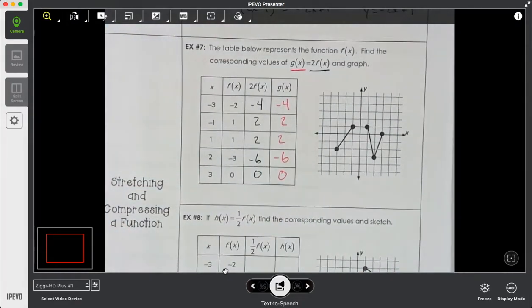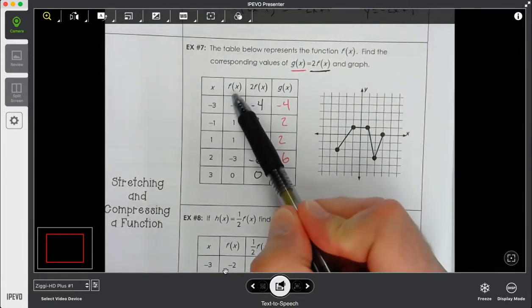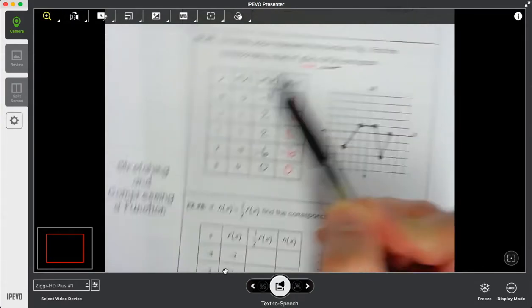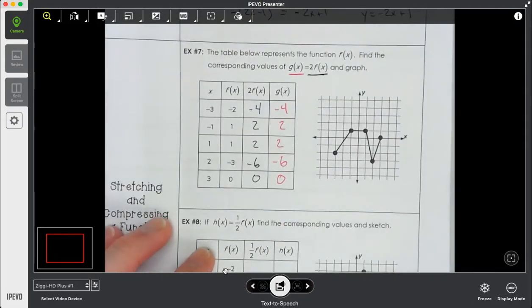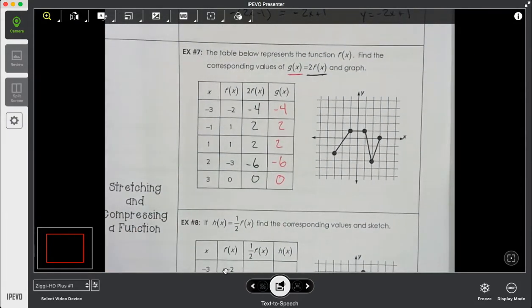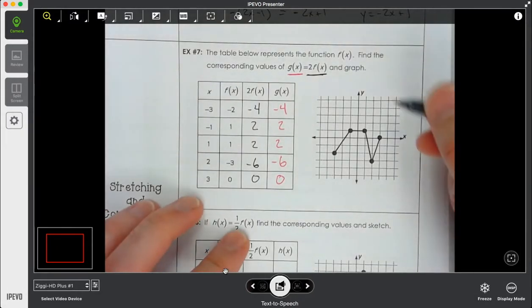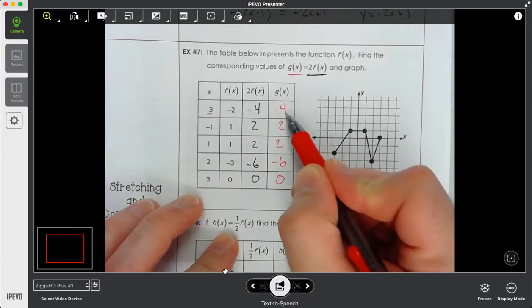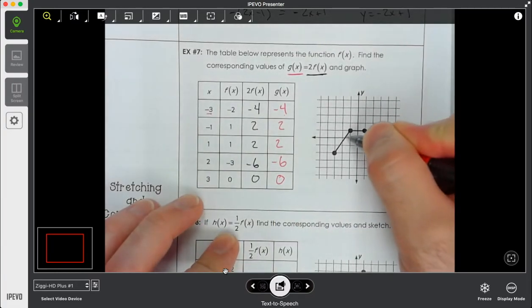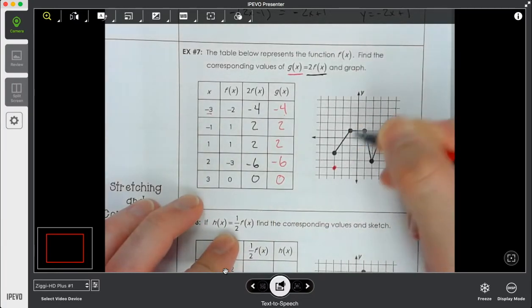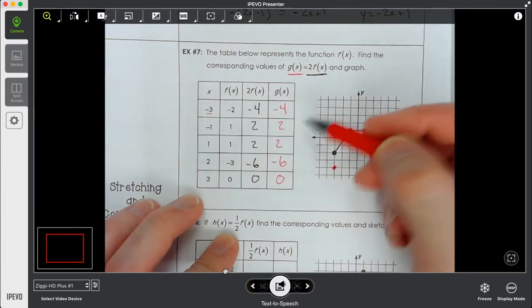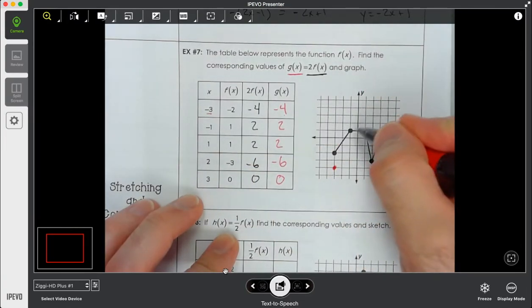This table is really designed to help you see how we're going. We're taking 2 times our original output, and then we're saying our new function g equals whatever 2 times our original function is. So if I graph my new g of x, I have -3 as my input, -4 as my output. So -3, -4. If I have -1 as my input, I have 2 as my output.